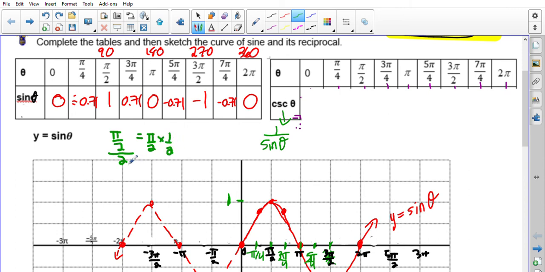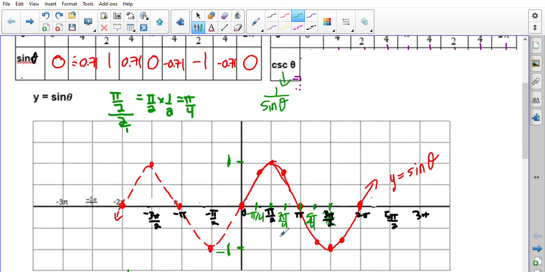You change to multiplication and flip the bottom fraction, so you get pi over 4. So we know that pi over 4 is 1/2 of pi over 2, and that's why I put pi over 4 halfway in between the pi over 2 interval.